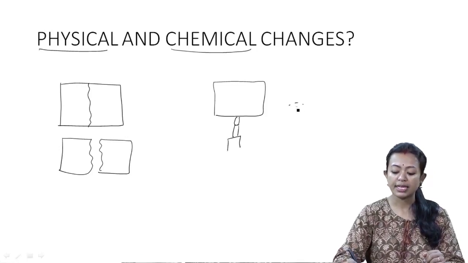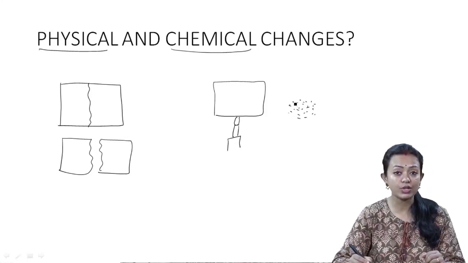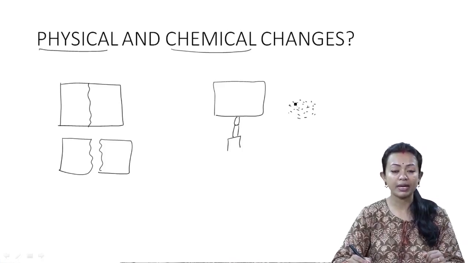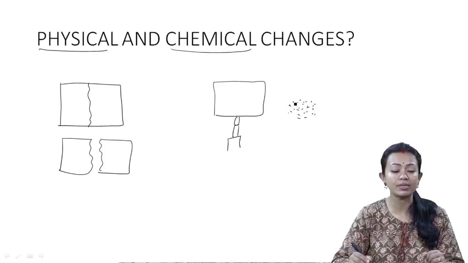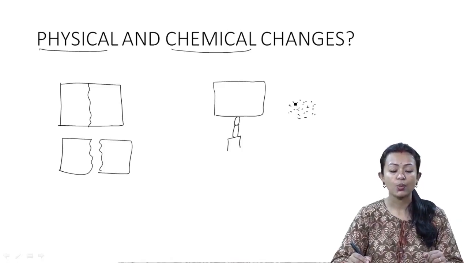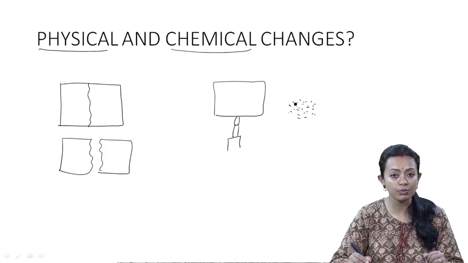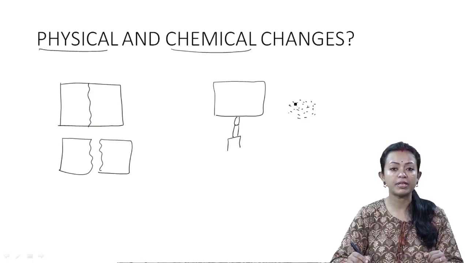You would see that it gets converted into black ashes. Now can you bring it back into the original state? No, not at all, because the paper has completely burnt and formed ashes, a black mass, which by any other means cannot be reversed back to the piece of paper again.